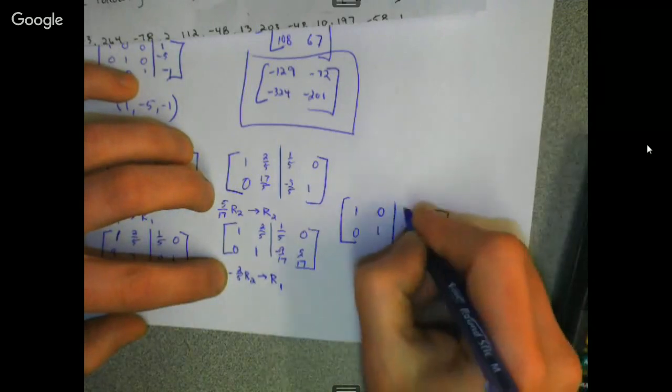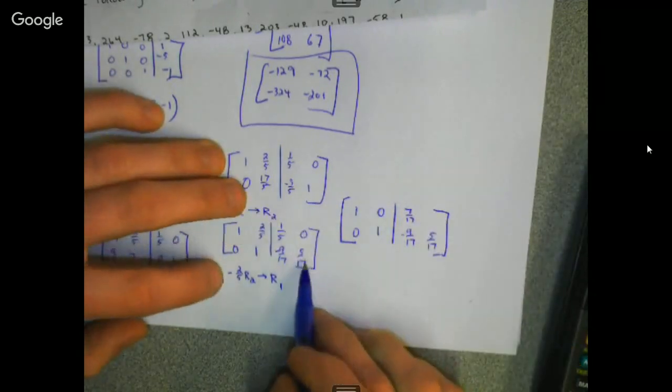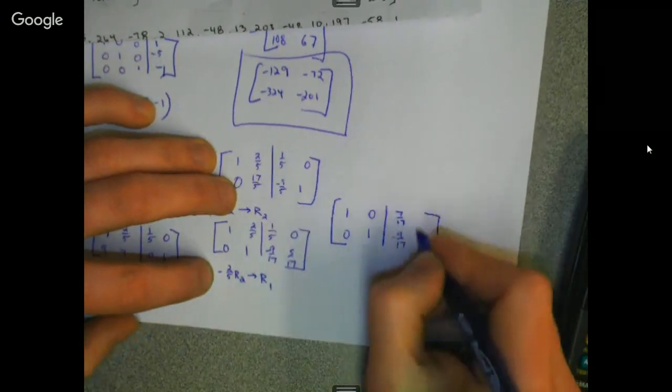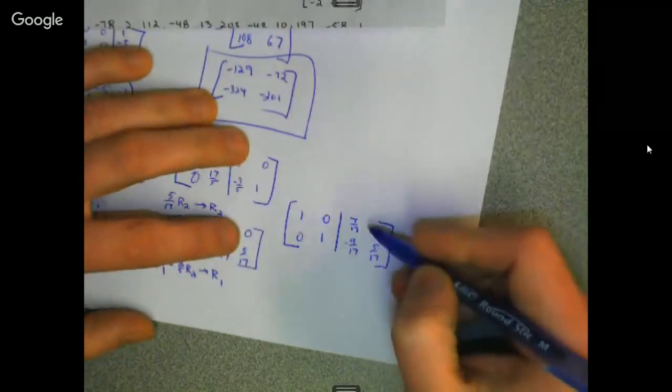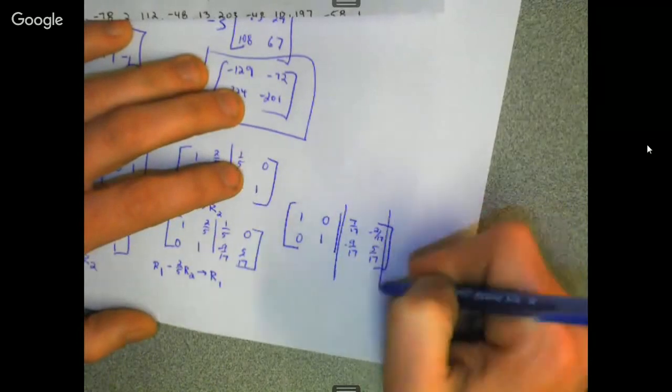So that's 7/17. And that's 0 minus 2/5 times 5/17, -2/17. Okay, so this is the inverse, so we need to find the determinant of that.